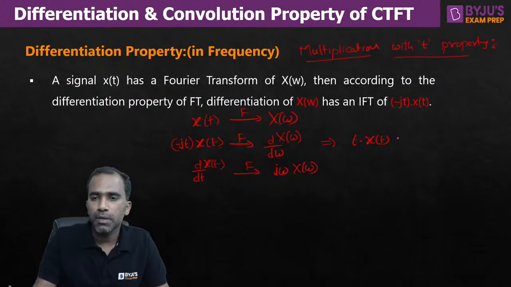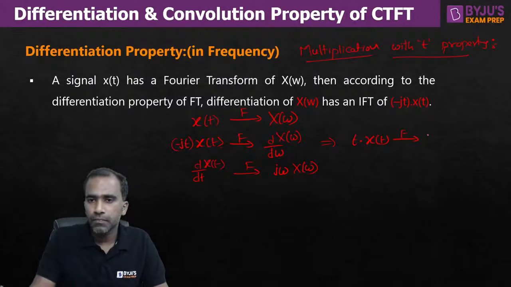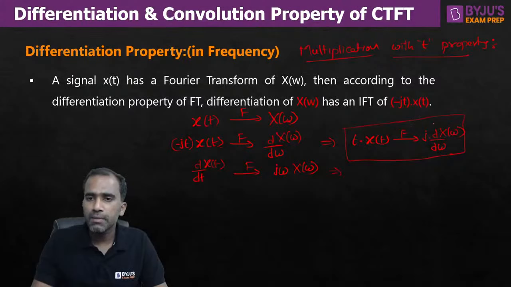So if I send this minus j onto the other side, or multiply with j on both sides, j into minus j becomes plus 1. So it becomes j times d by d omega of X of omega. See this one? It's easy to remember. Multiplication with the variable in one domain, what happens in the other domain?